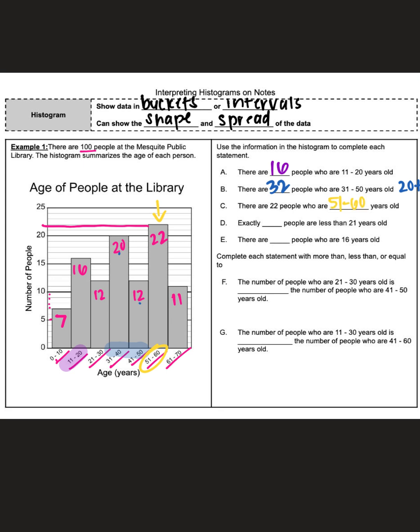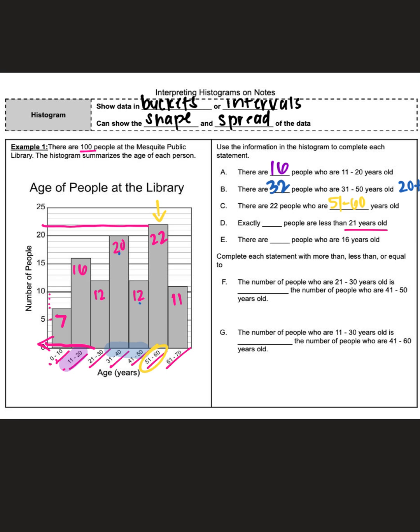The next statement says exactly blank people are less than 21 years old. So we're looking for less than 21 on our graph. That would look like these 2 buckets, right? Because this bucket is 0 to 10. This one's 11 to 20. And those are all less than 21.